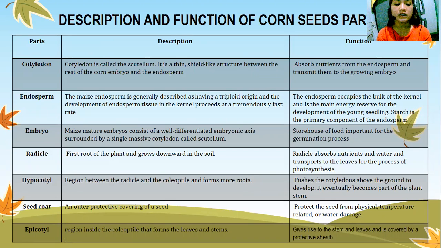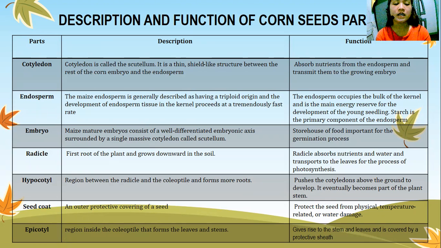Embryo. The maize mature embryo consists of a well-differentiated embryonic axis surrounded by a single massive cotyledon called the scutellum. The function of the embryo is as a storehouse of food important for the germination process.